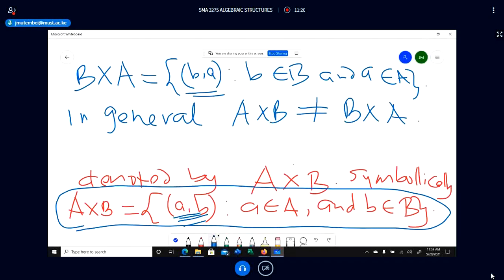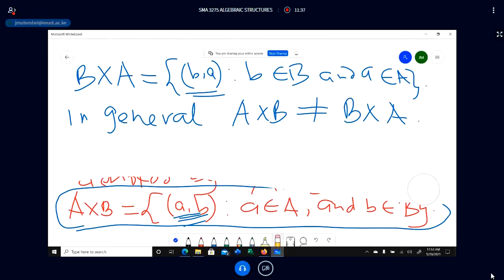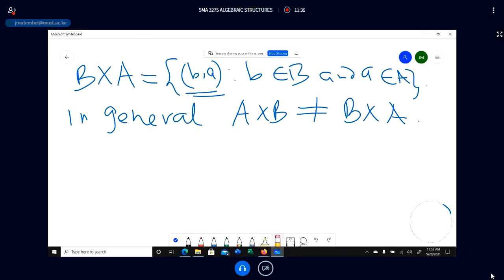Because even the way we obtain the ordered pairs is different. When you reverse the order in which the two sets are multiplied, you reverse the order in which the pairs of points are obtained. For example, suppose we have two sets.